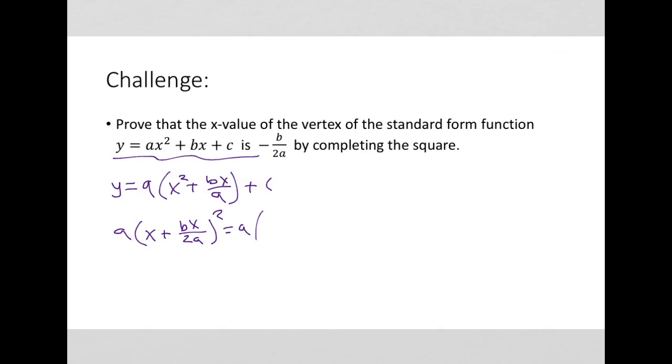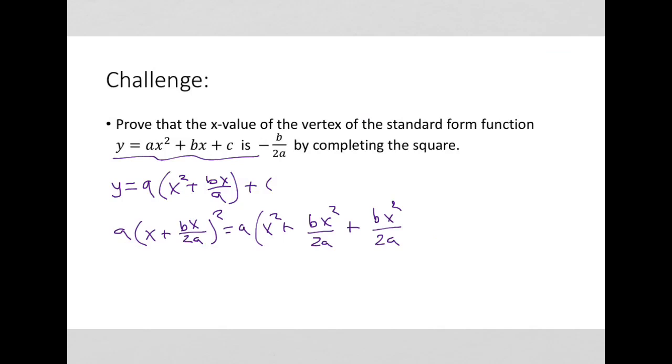Well, I need a times x squared plus, I'm going to get x times bx over 2a, which is going to be bx squared over 2a, plus another one of those.